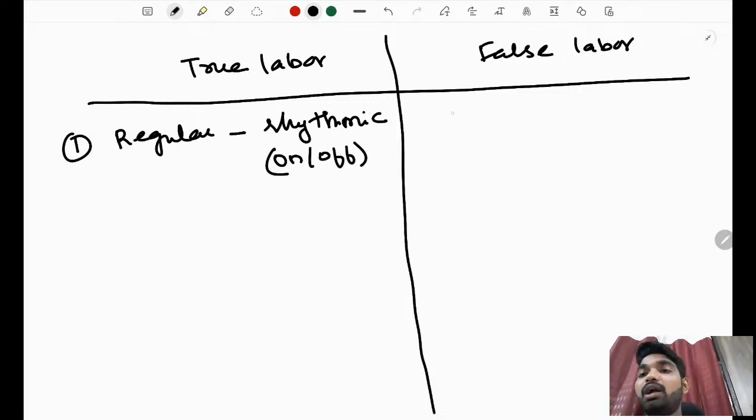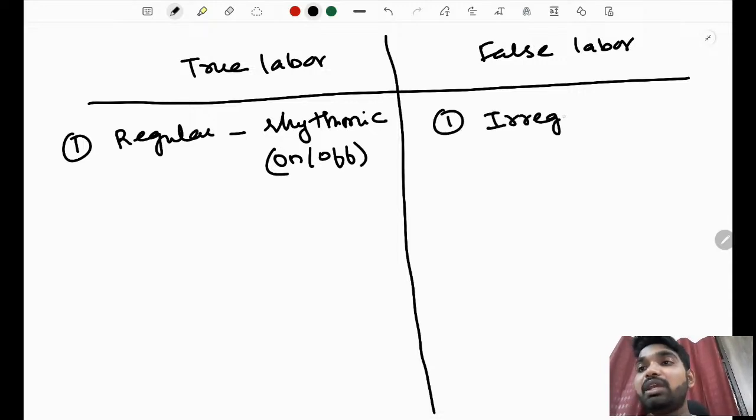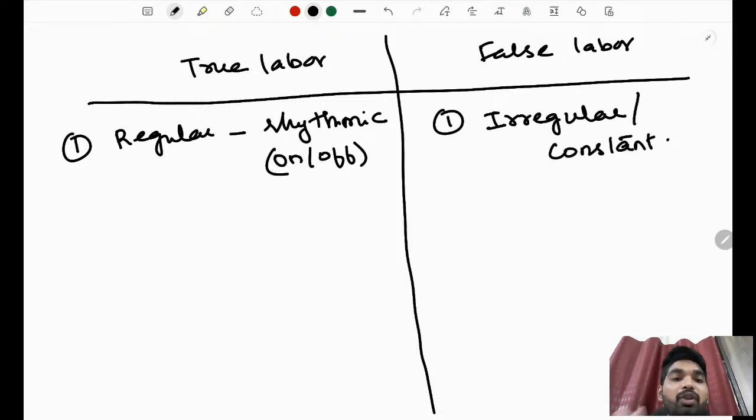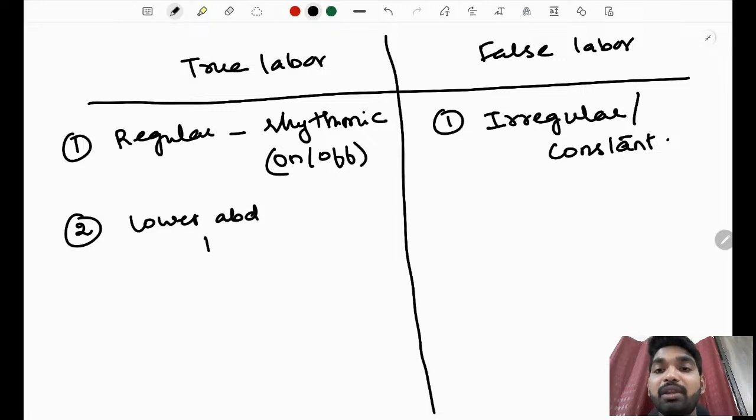Whereas in false labor the pain will be irregular and constant. Here the pain will not show on-off phenomena, the pain will be constant, right? Location of pain: in true labor, pain is located in the lower abdomen, which will radiate. It is radiation pain. In false labor it is not radiation pain.